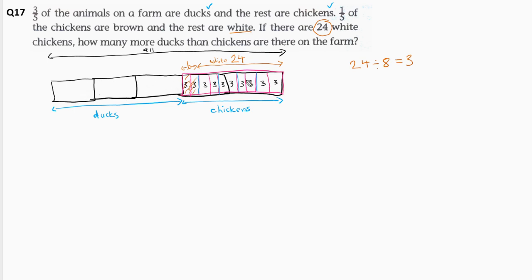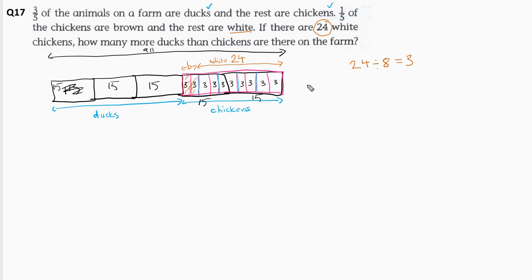And normally I would say, if I'm dividing one part of the model, I'm going to divide the rest of it. But I think it would be easy to go, so this is 1, 2, 3, 4, 5. 3 fives are 15. So each of these has a value of 15. So this is 15, 15, 15, 15, 15.